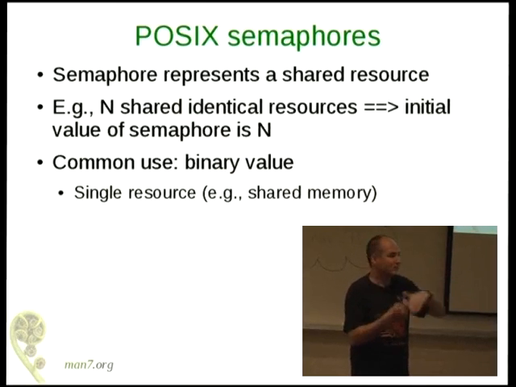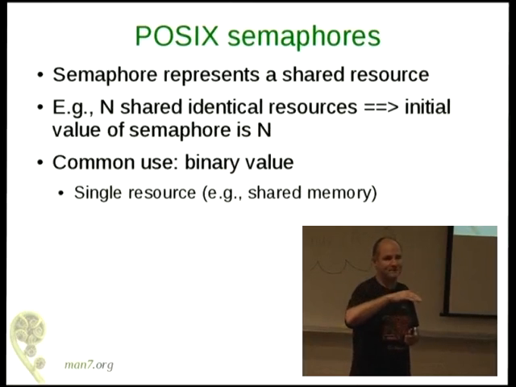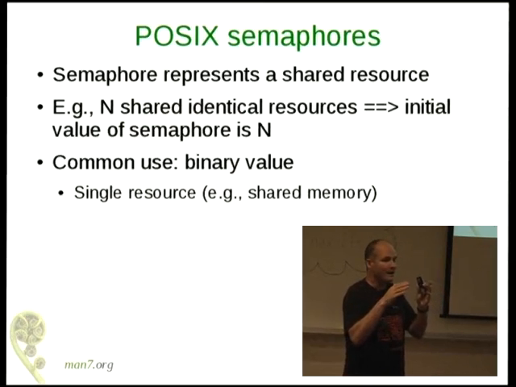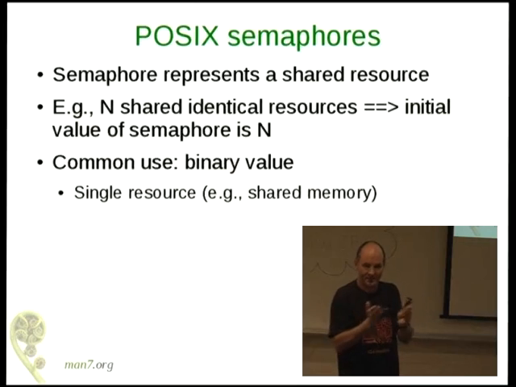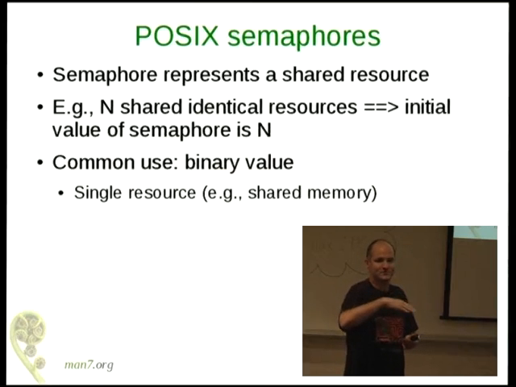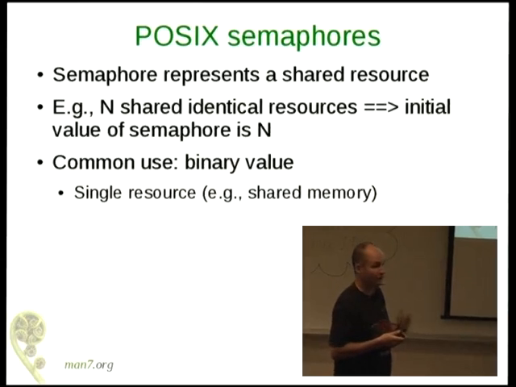If you're sharing 5 buffers between processes, your semaphore's initial value might be 5, and then you decrease it as those buffers are allocated out to processes. And if they're all allocated out, the semaphore's value becomes 0 and no one else can allocate a buffer until one of the processes releases the semaphore, increases the value of the semaphore.